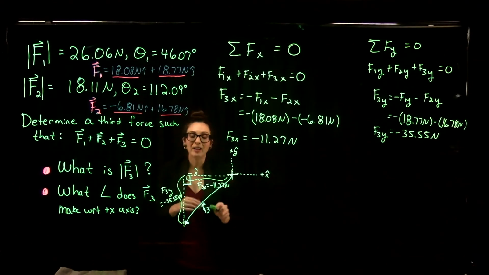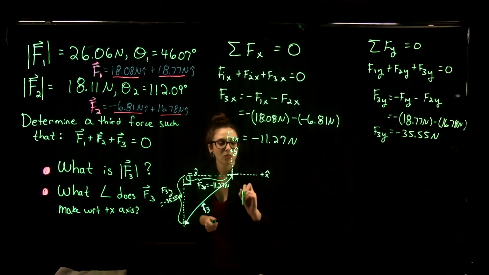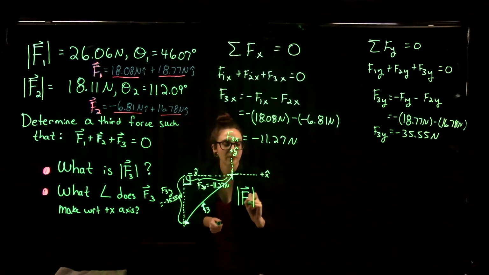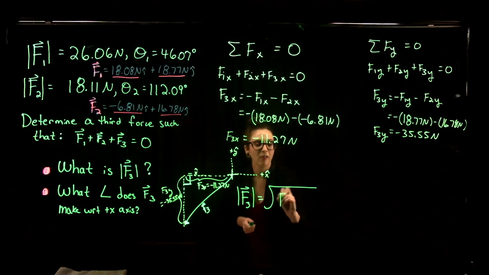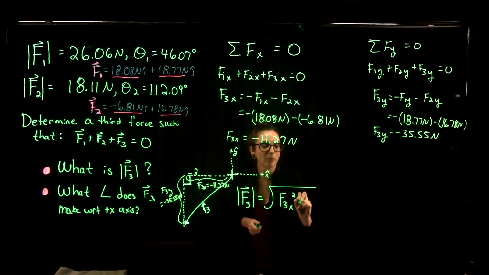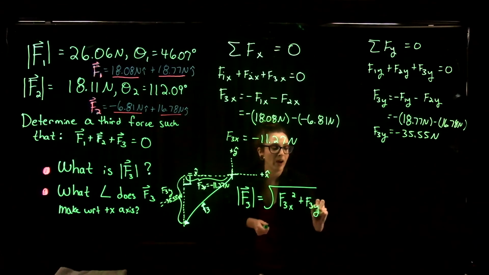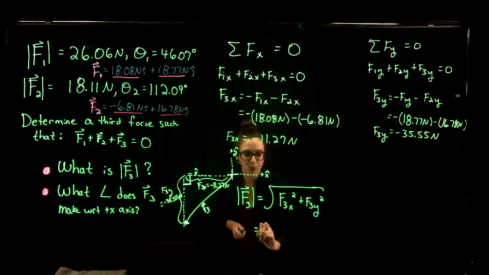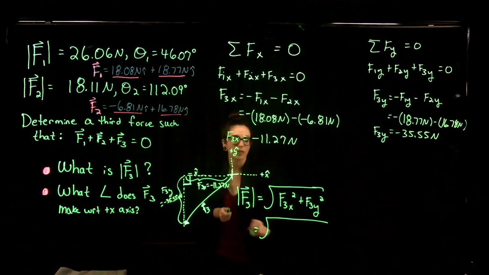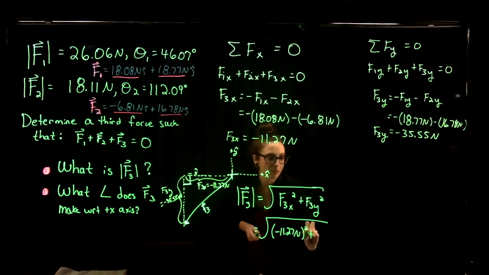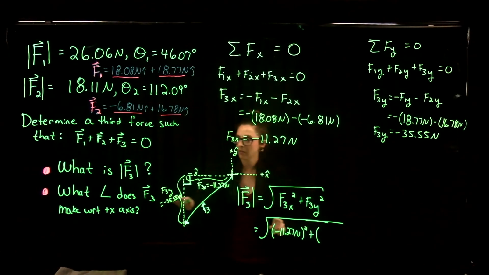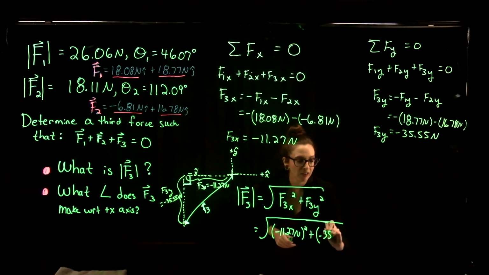So to find the magnitude or the size of F3, we can use the Pythagorean theorem. The magnitude of F3 is going to equal the square root of F3x squared plus F3y squared, okay? So that will equal the square root of minus 11.27 newtons squared plus minus 35.55 newtons squared.